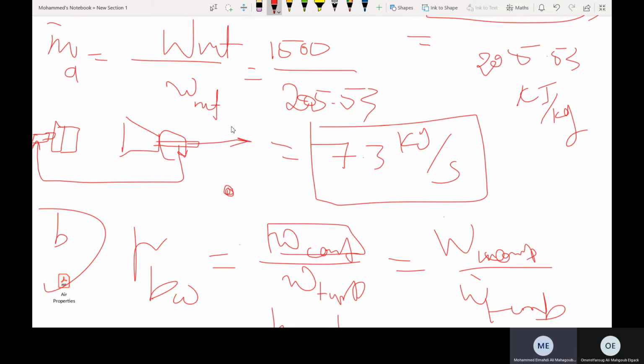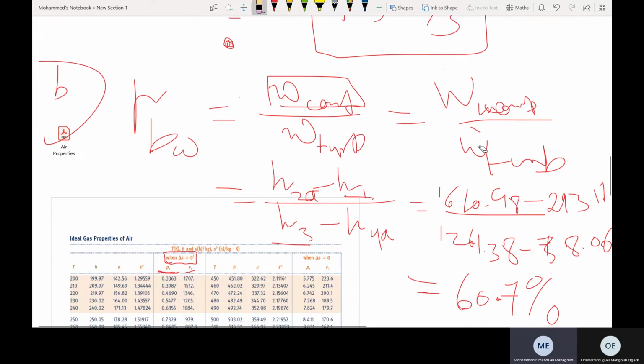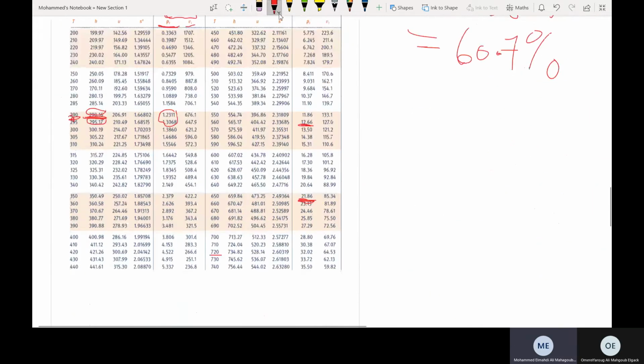This is called the net work. The net work is the work of the turbine minus the work of the compressor. And the back work ratio is the amount that we get back to power the compressor. So it is always the compressor over the turbine, because the compressor work is lower than the turbine work. And then the final thing, or not the final thing, we have two steps.